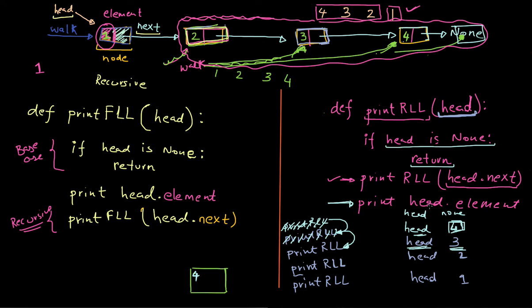You're going to say print head.element. You're going to print 3. This function then returns and comes back to the previous stack frame. On the previous stack frame, head is pointing at the node that contains the element 2, and you're going to print head.element, meaning you're going to print 2. Okay, terrific. So now the function returns.